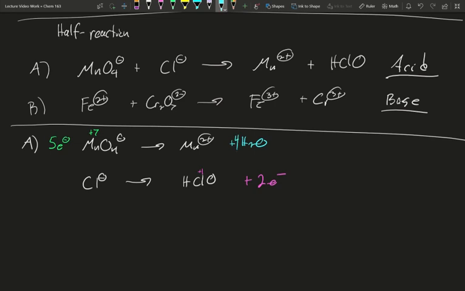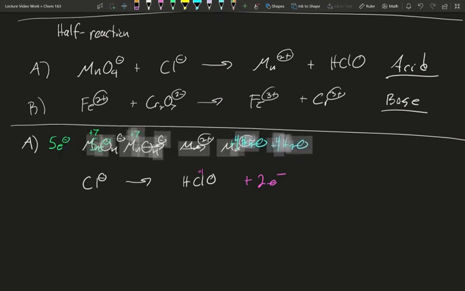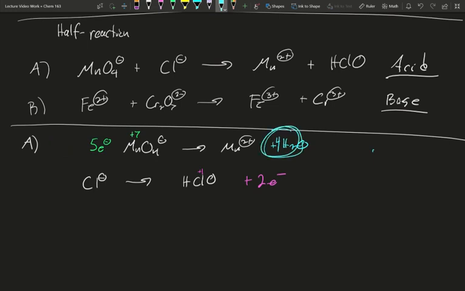In doing so, I've introduced some hydrogens. I'll need to balance those. Well, there's 8 hydrogens over on the right. I need 8 hydrogens on the left, so I'm going to add 8 H+. Now my oxygen, my hydrogen, and my manganese atoms are balanced, and the charges on my manganese with electrons is balanced.